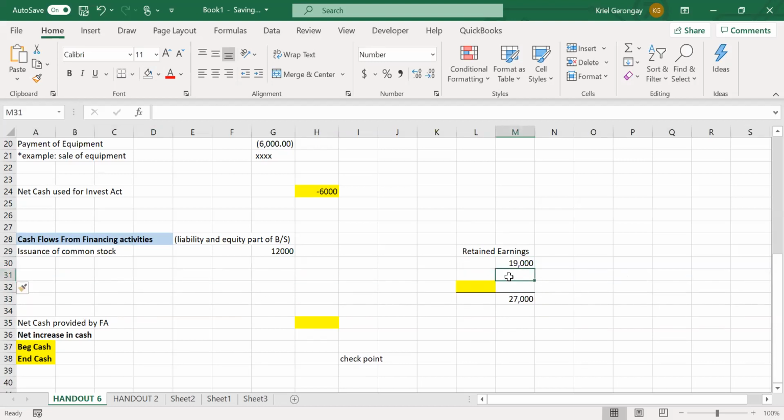And then from your income statement, we have a net income of 9,000. This is similar to finding supplies expense or inventory that was used. As you can see here, we have a total of 28,000.